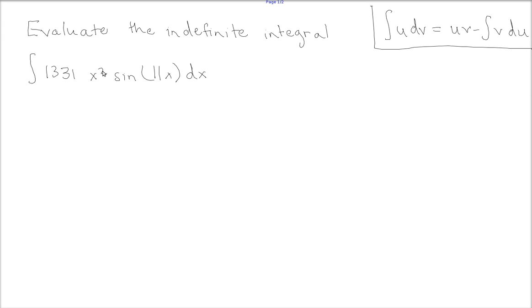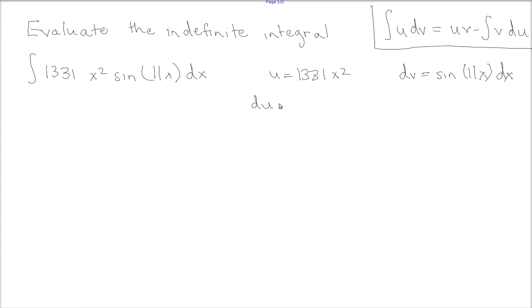So we've got a power of x and then a trig function, sine of 11x. For my u, I'm going to choose the x squared part, so 1331x squared. And then my dv will be sine of 11x dx.